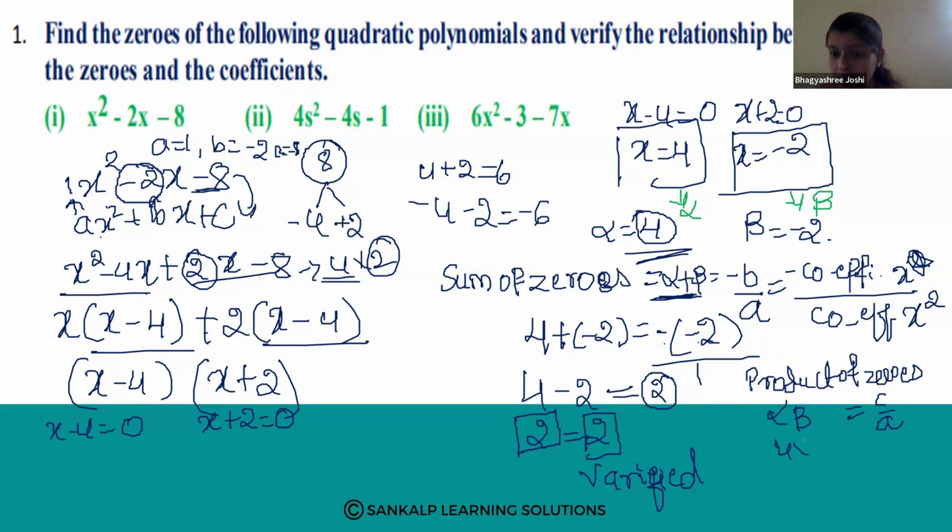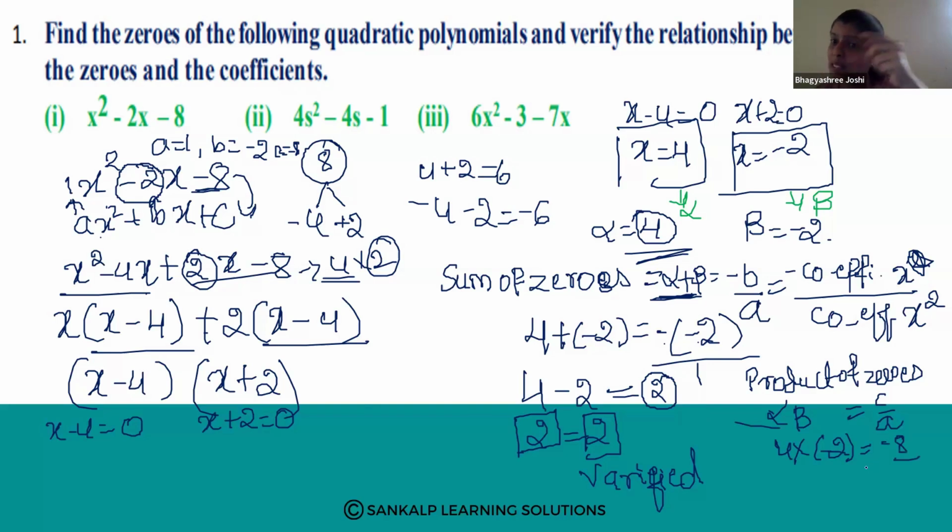Alpha is 4, beta is minus 2. Yes, dear children, tell me the value of C. C is equal to minus 8, right? So minus 8, what is the value of A?